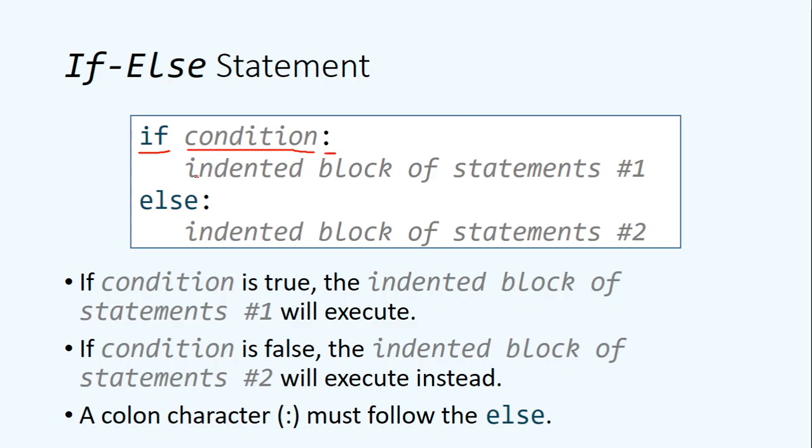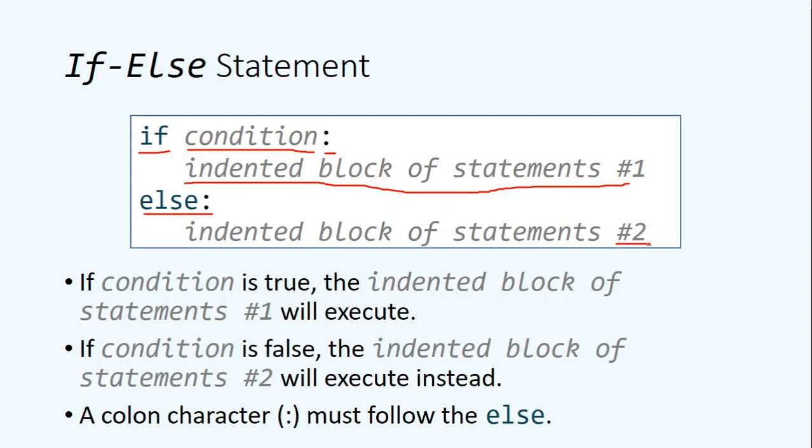And if the condition is true, we execute some block of code, which here I label as #1. Now, in addition to this, we have an additional else clause which is written with the keyword else and also the colon character. After this, there is another indented block of statements which most of the time is going to be different, and I label this as #2.